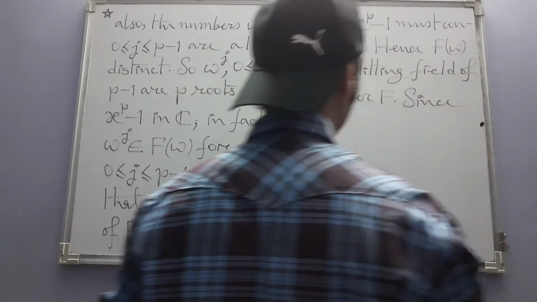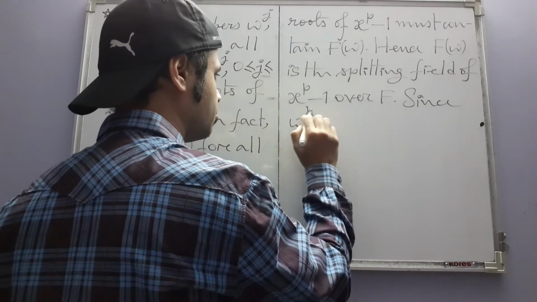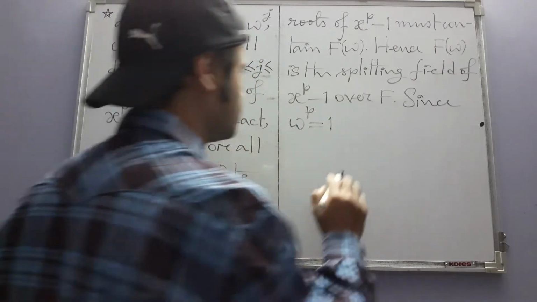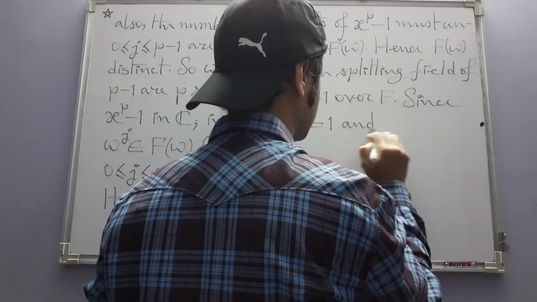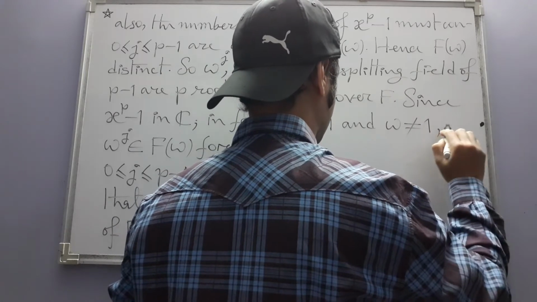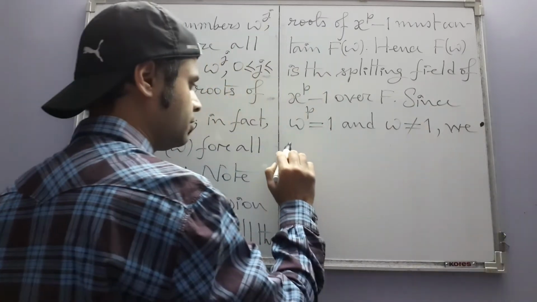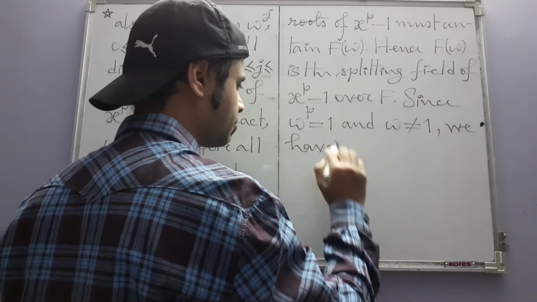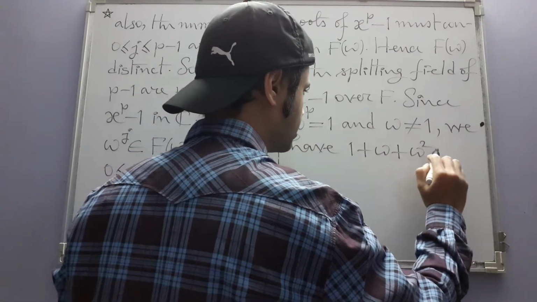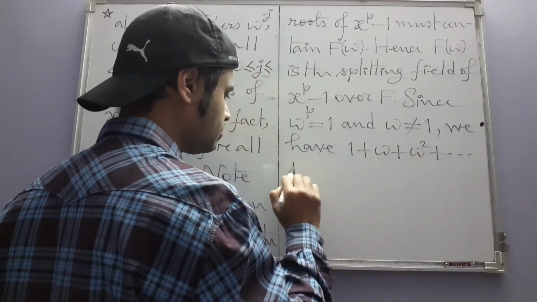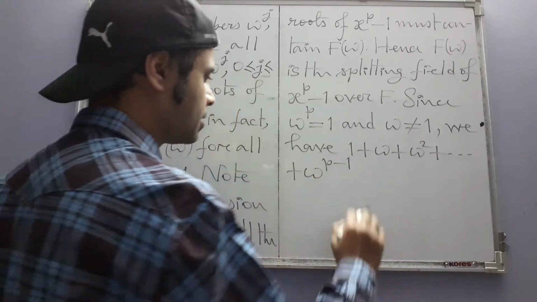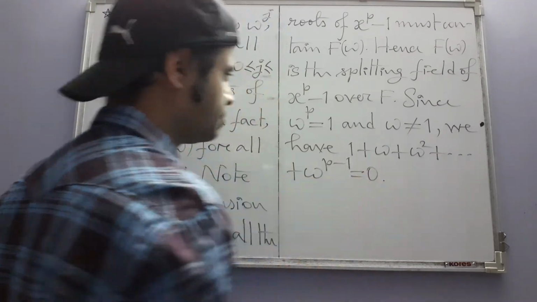Since omega to the power p is equal to 1, this we have already seen before, and omega is not equal to 1, we have 1 plus omega plus omega square, etc., up to omega to the power p minus 1, is equal to 0.